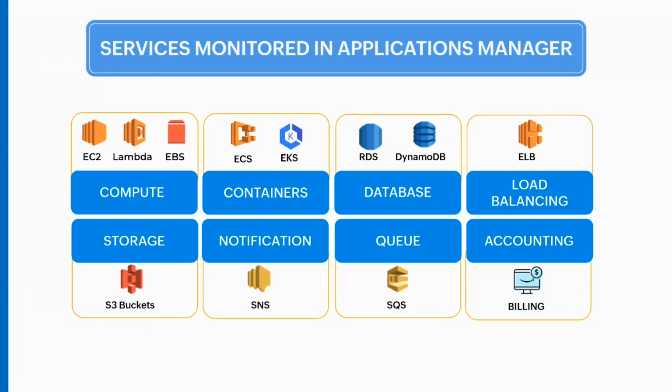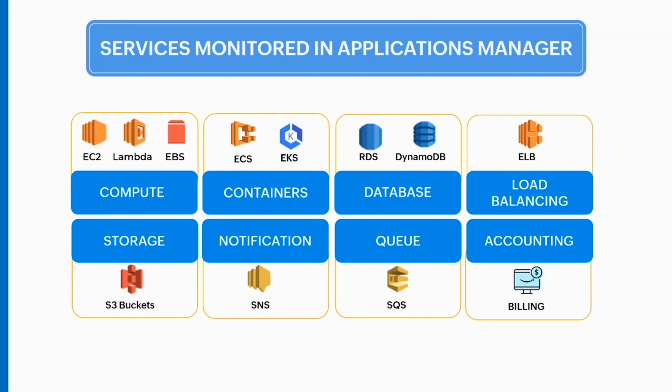In containers, we monitor ECS and EKS. In the database category, we monitor RDS and DynamoDB. In load balancing, we monitor ELB. We monitor S3 buckets for storage, SNS for notification, and SQS for the queue. And the main thing here is that for billing and accounting, we monitor the billing service as well.